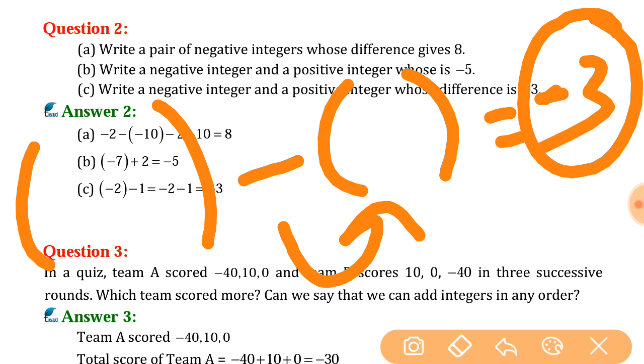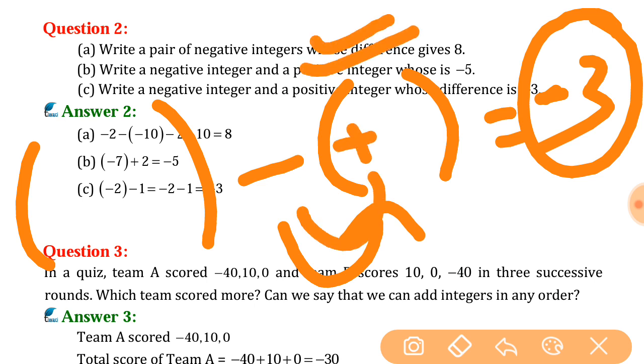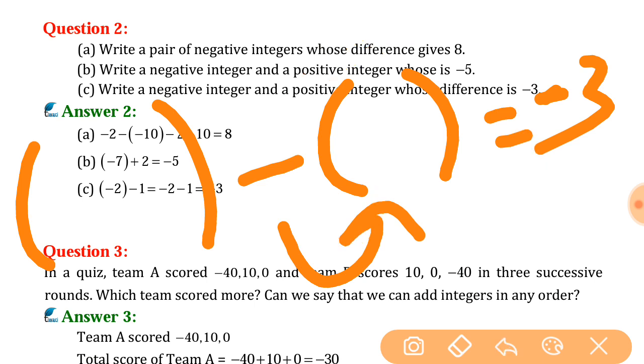If you write here a bigger numeral, it should be positive because it should get negative. If you have chosen here a positive, then what should be the integer here?